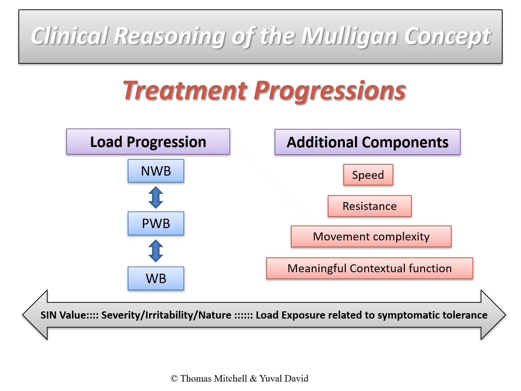Irritability is comprised of how easy it is to provoke symptoms and how difficult or how long it takes to ease them. And the nature is the natural history and progression of the suspected complaint. Knowing this will direct your decision about the level of load exposure you can use and adapt it to the patient's symptom provocation.